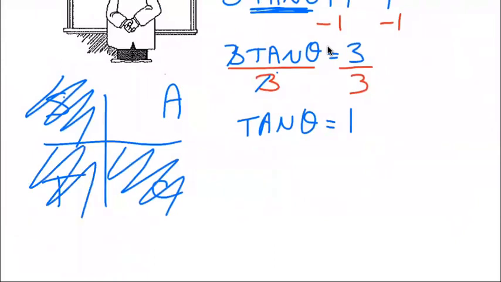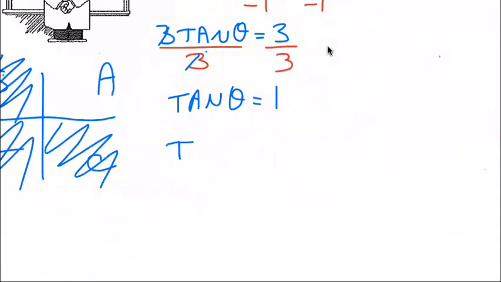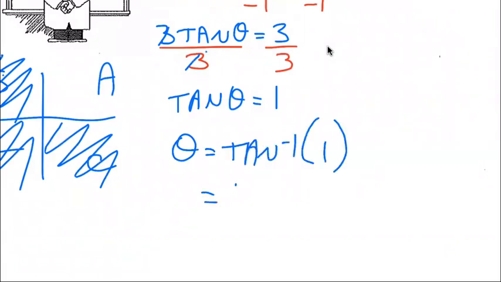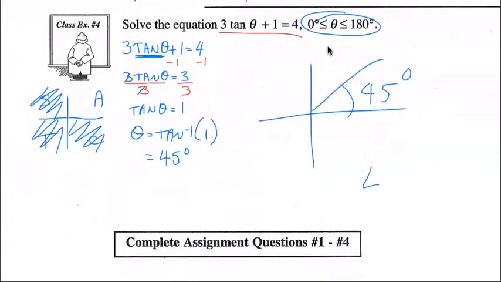So we're only looking for quadrant 1. So now I find the inverse function of tangent. Theta is equal to tangent inverse of 1, which is equal to 45 degrees. And I think, well, in quadrant 1, if my reference angle is 45 degrees, my rotation angle is 45 degrees.